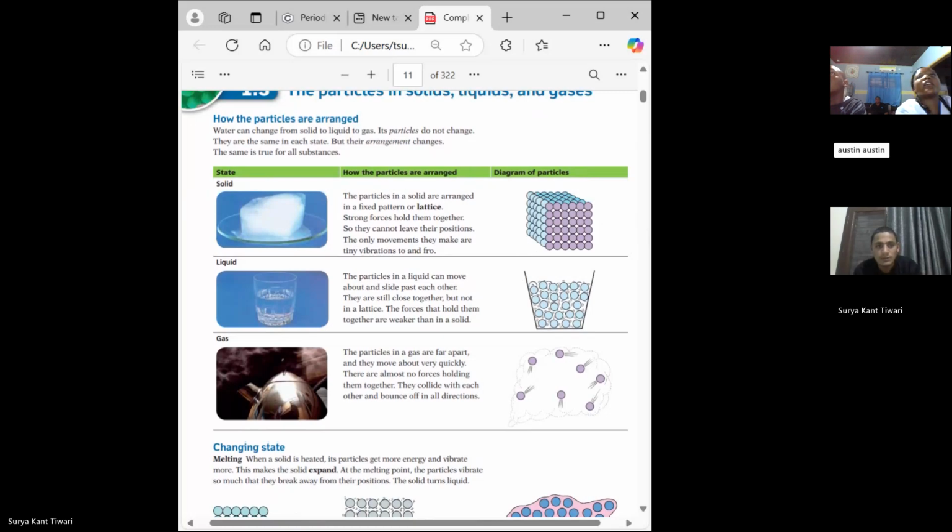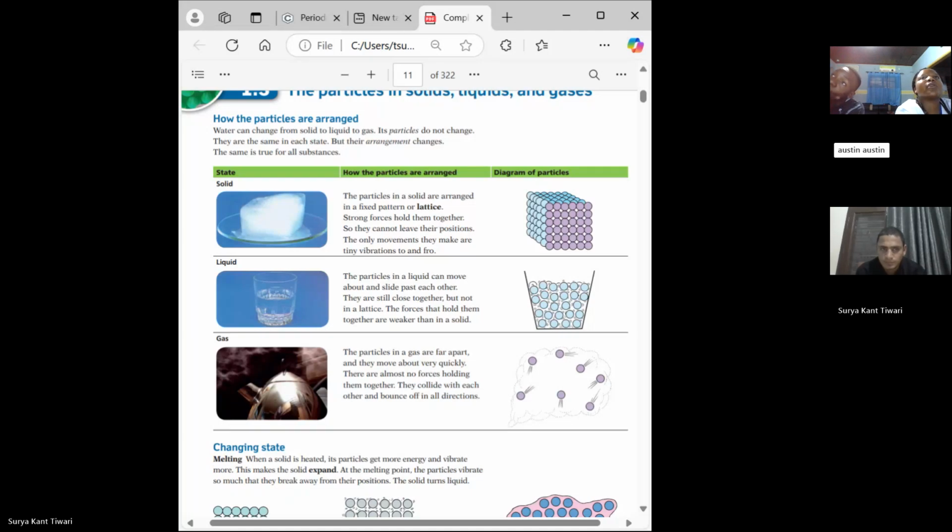The particles in a solid are arranged in a fixed pattern or lattice. Lattice means like on the corners. Strong forces hold them together so they cannot leave their position. The only movement they make are tiny vibrations to and fro.